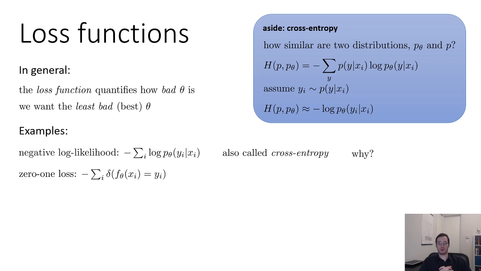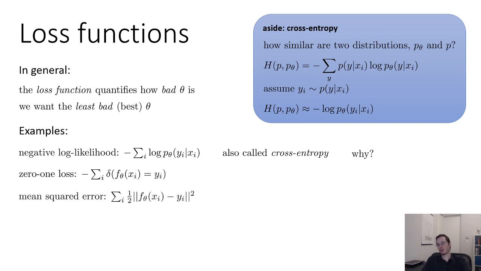So it's a loss of negative 1 if you got the right answer and 0 otherwise. That's fine too. So I apologize, there's a little typo on the slide. If it was 0, 1 loss, it would not have the negative sign and would have a delta, f of x not equal to y. It might seem like kind of a silly loss function, just saying 1 if wrong, 0 if right, or negative 1 if right, 0 if wrong. But it is a very sensible choice, and in some ways reflects what we actually want.